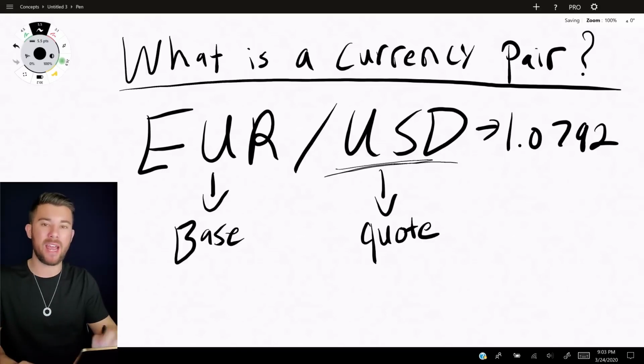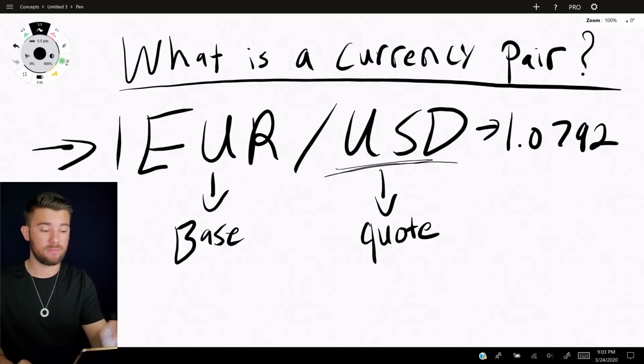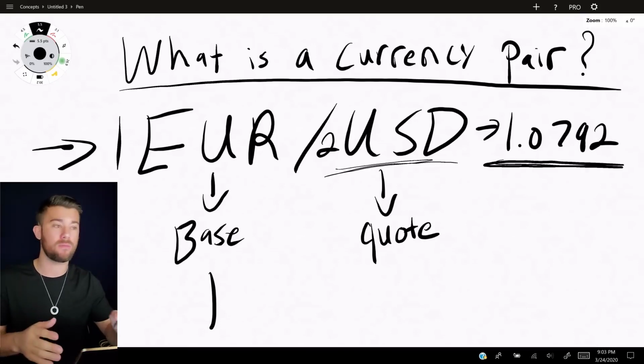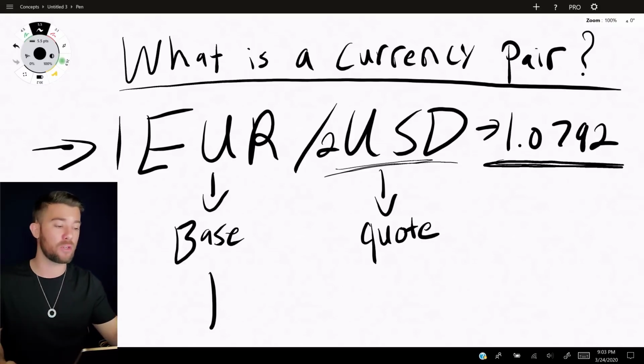What that means is every base pair, as in the first pair, and this being the second pair, every first pair in a currency pair always has a value equal to 1. You are always exchanging one of that first pair for whatever the quote pair is. The actual quote you see on the screen is your quote pair.